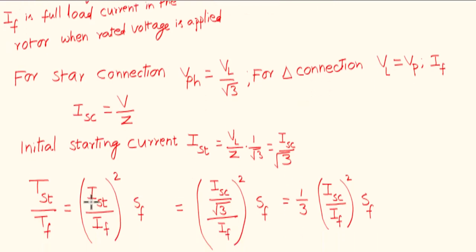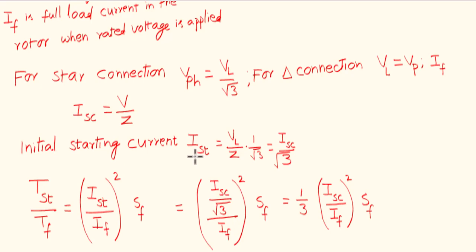Next, there is a standard equation for the starting torque and full load torque ratio. That is, starting torque divided by full load torque is equal to starting current by full load current whole square into full load slip.